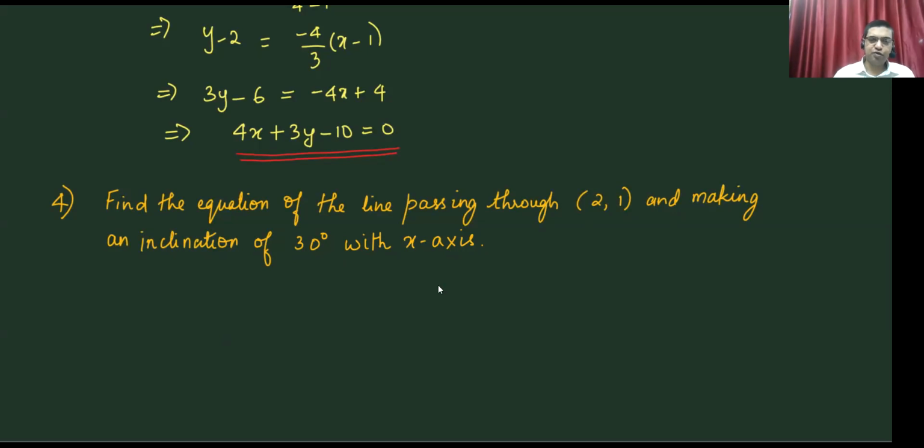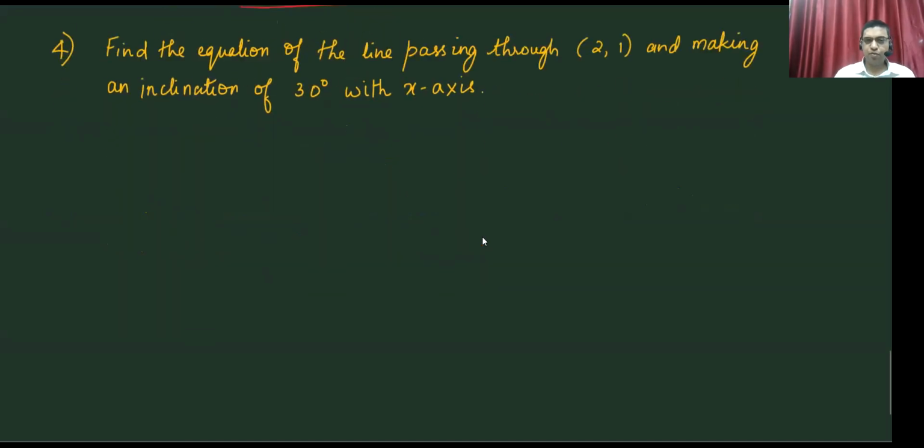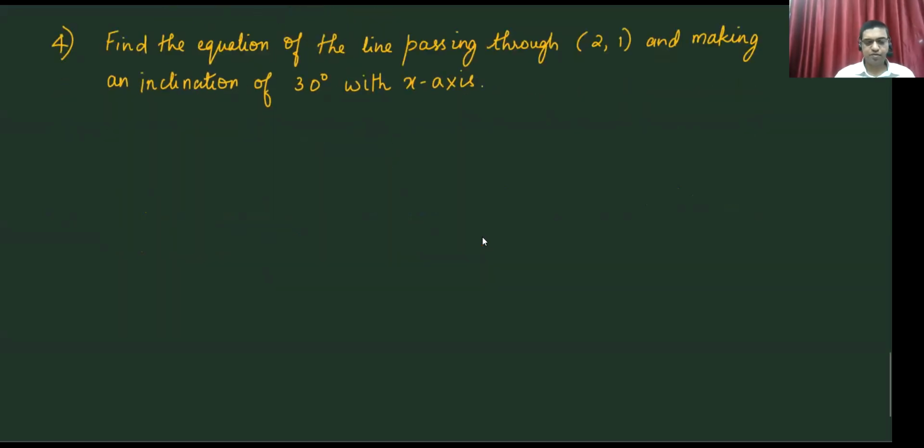Which form of the equation of the line will we have to use for this? Tell me, anybody? So, point slope form. Very good. Because inclination is given to us, we can find the slope.